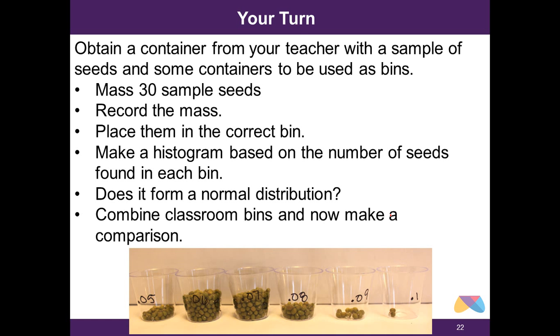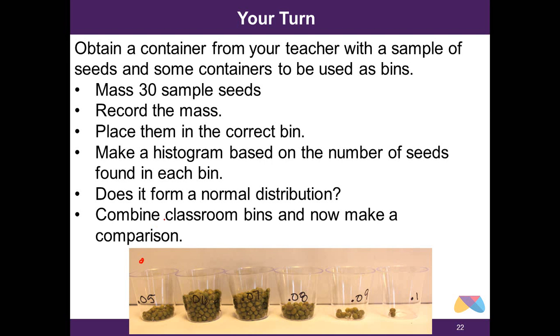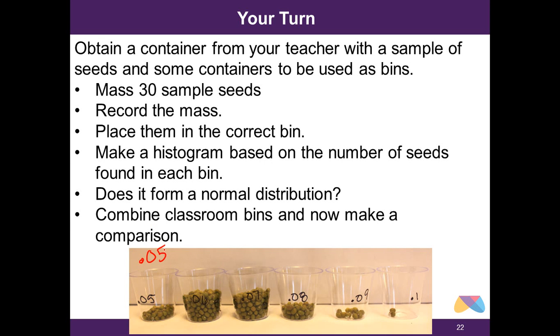The bins are going to be 0.05, 0.10, 0.15, 0.20, 0.25, 0.30, and so forth, and you will continue until you get to probably 0.55.